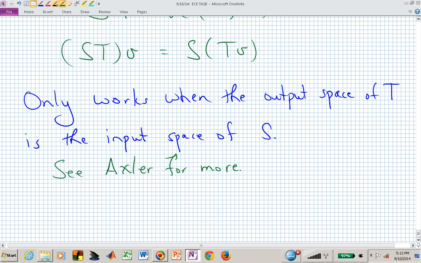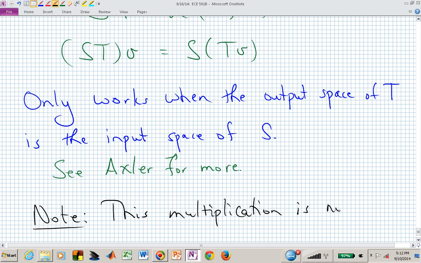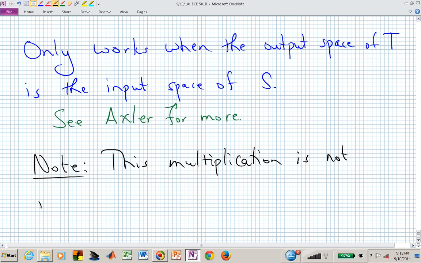Now, what do we know about this multiplication of linear operators? It's not necessarily commutative, is it?